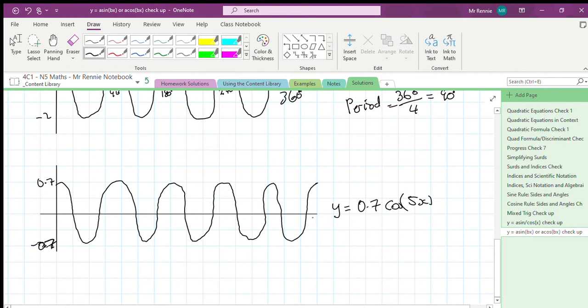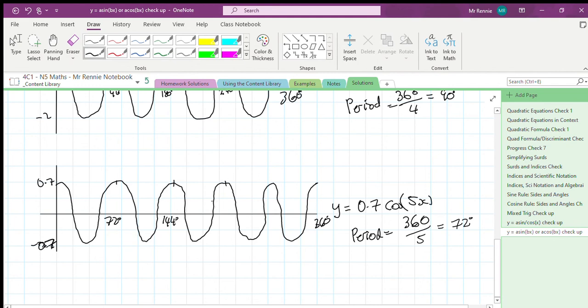And we again know the end point would be 360 degrees, but let's work out the period. So the period here would be 360 degrees divided by 5 this time, which would give me the answer of 72 degrees. So I know that at the end of each graph, 72 degrees would be there. We had another 72 degrees, that would be 144 degrees would be there.